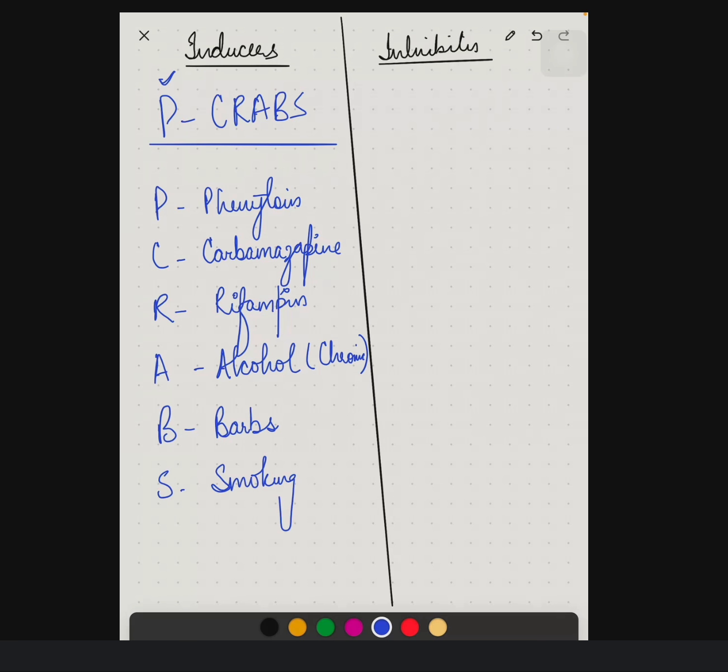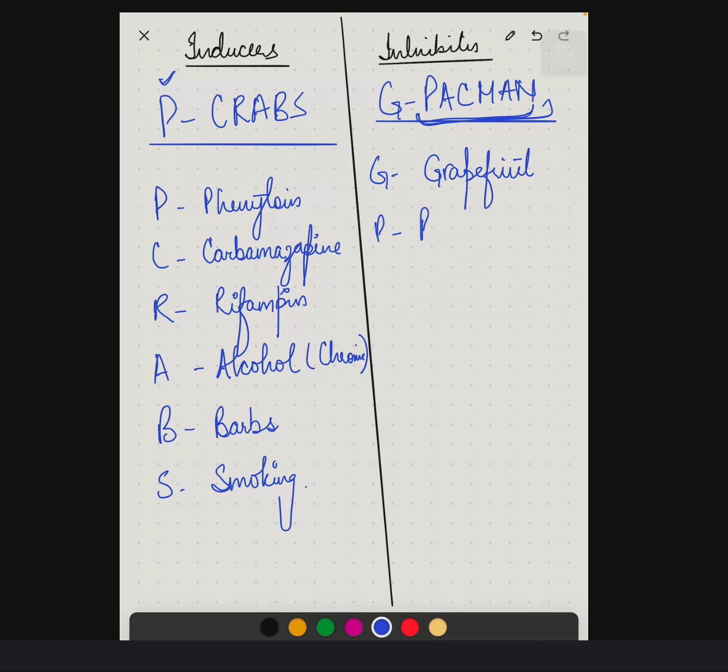And in inhibition, sitting on the couch and playing games is like inhibition only. So Pac-Man is a game. So G Pac-Man are the inhibitors. G is for grapefruit, protease inhibitors.